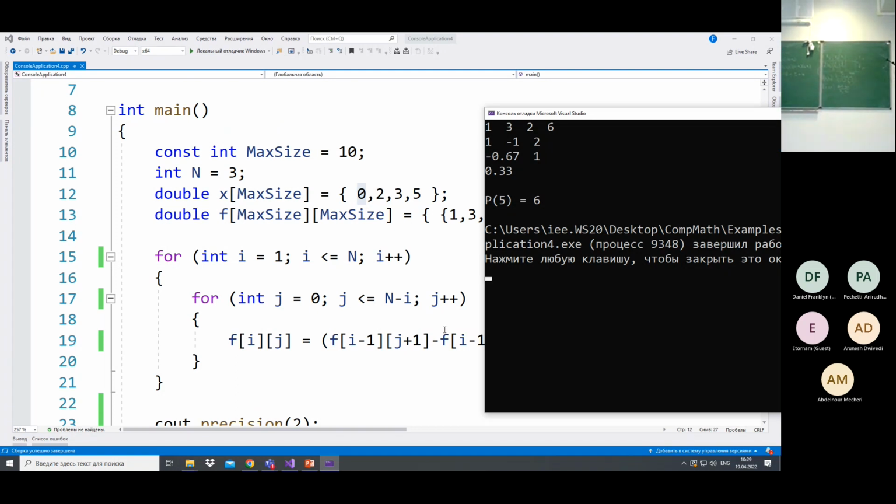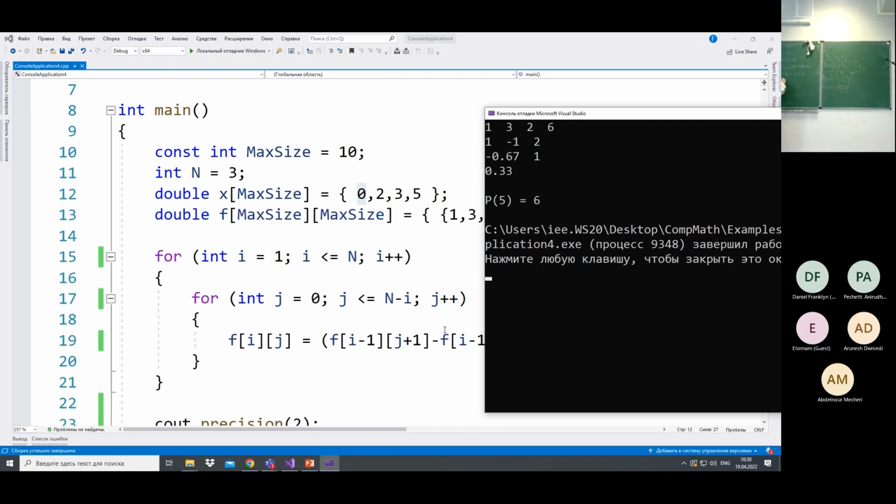How to compute P2? You should take P1, 1 plus x, plus, let's take the next divided difference. Sorry, not 1, but minus 0.67. But minus 0.67 is minus 2/3.